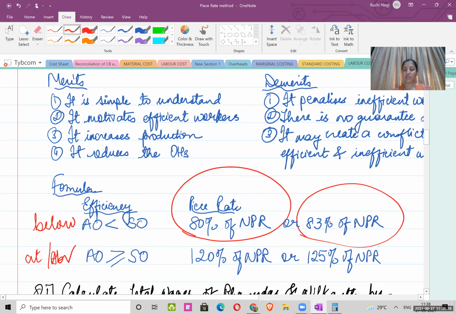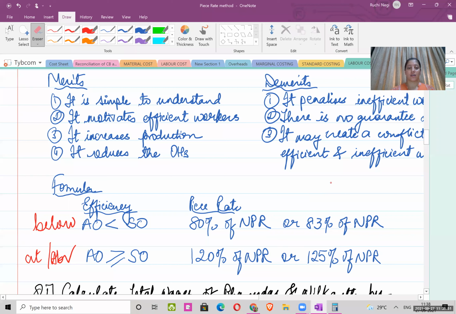I would suggest you calculate both in the examination. If the question mentions that you have to calculate at 80%, then go with the flow of the question. If nothing is mentioned in the question, then go with 80 and 83, calculate both ways. But if the question is specific that you have to calculate for below at 80% or 83%, then follow the question. And for above it is 120% or 125% of NPR.